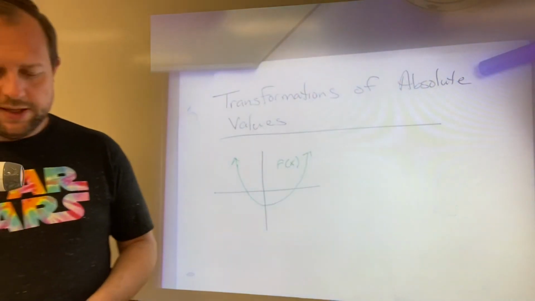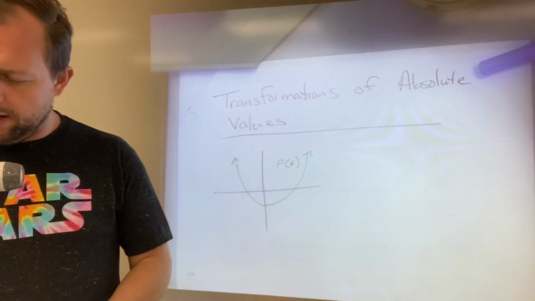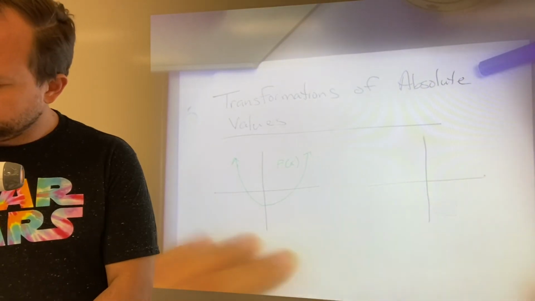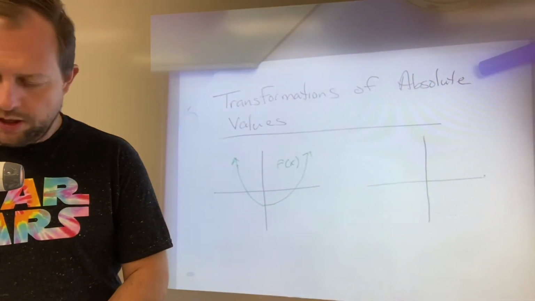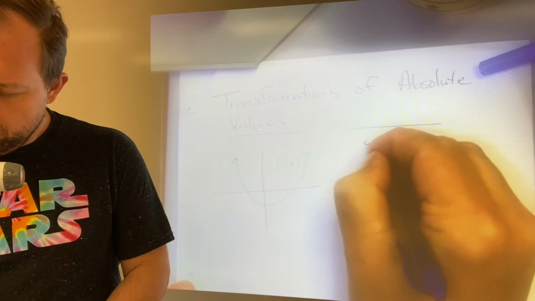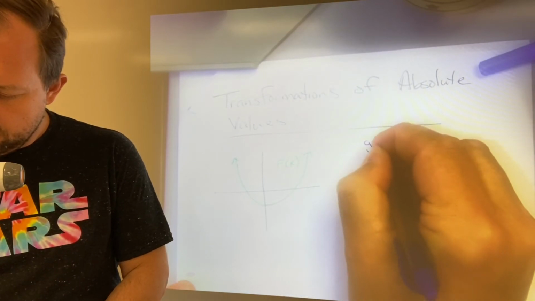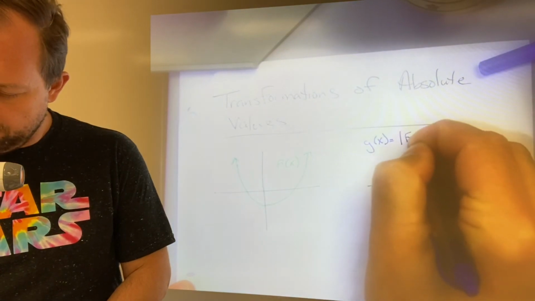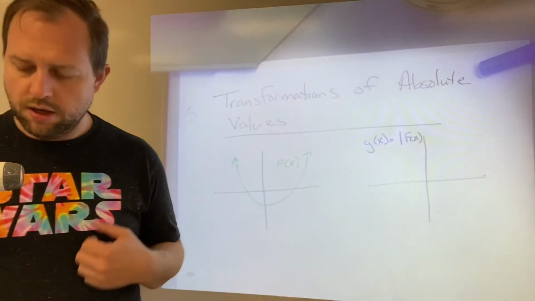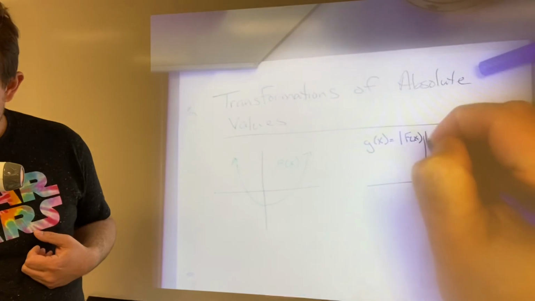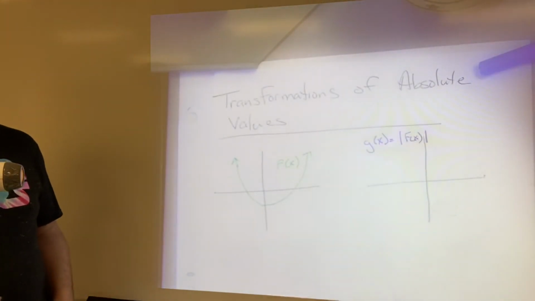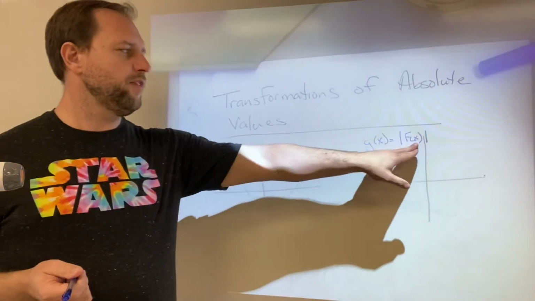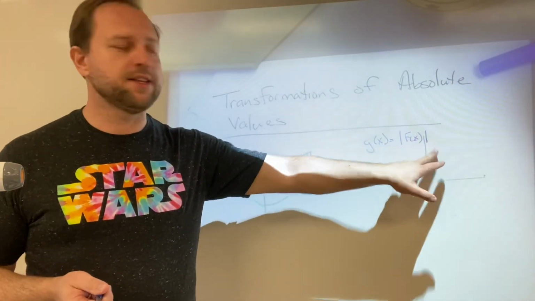What happens if we want to look at that same graph? But now it's going to be g of x equal to the absolute value of f of x. So in this case, the absolute value is just going to make everything positive.